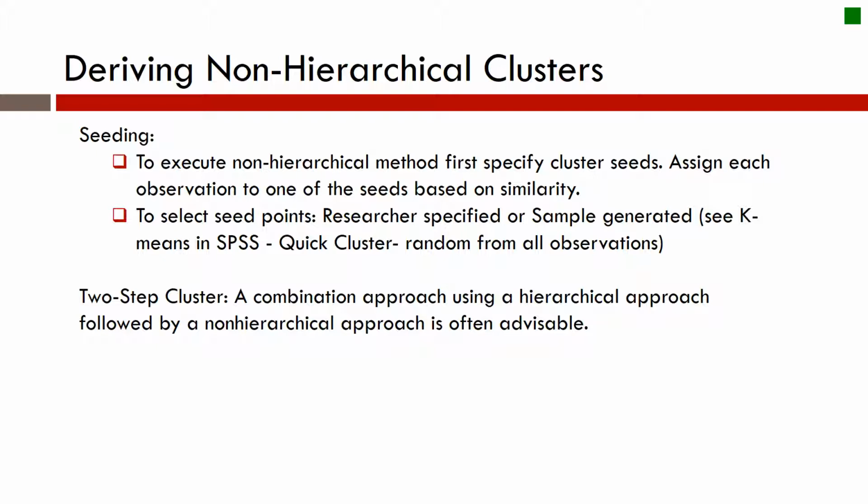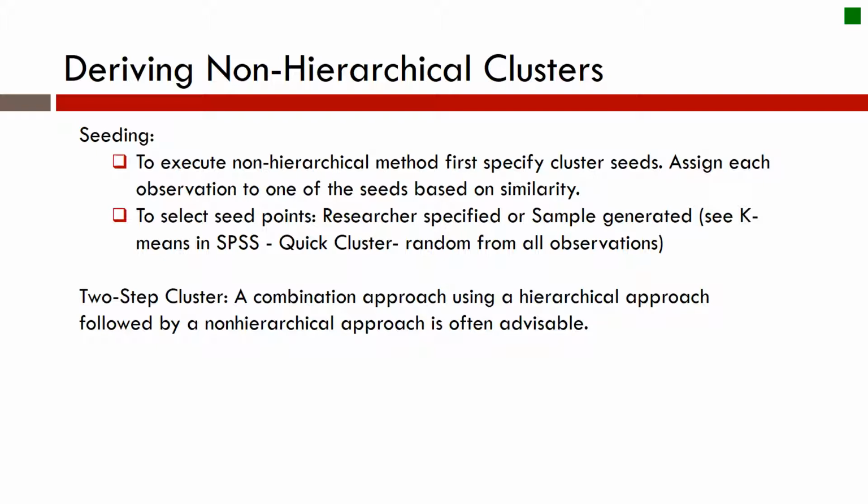One other method that I want to mention is that a combination of methods can be used in cluster analysis. As I mentioned already, you may begin with a non-hierarchical or a hierarchical arrangement, and then try a different measure or method or approach just to confirm that.